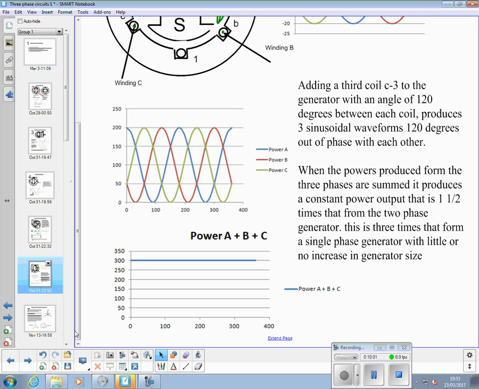You could say, why don't they go on and do four? I haven't investigated it, but I would imagine you would then need increasing the size, because there's only a little bit extra on the top.